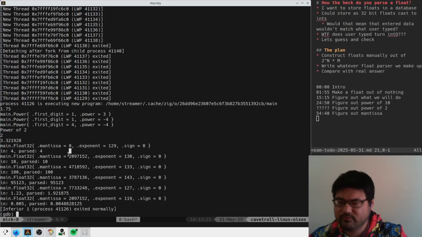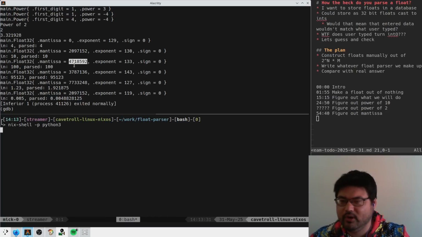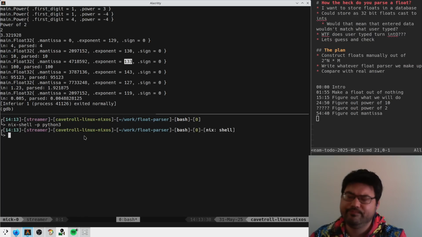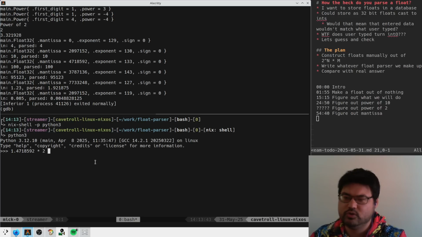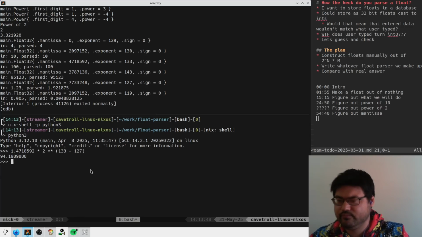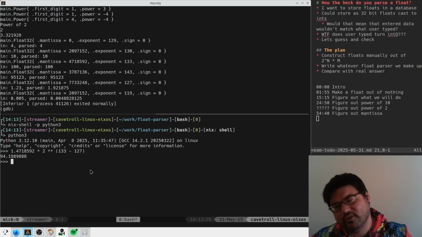Okay, so for like 100, let's make sure that this makes sense. So can we go to Python here? I think this should be 1 point this thing times 2 to the power of this minus 127, right? I think that's what we're trying to show. So it's 1 point this times 2 to the power of 133 minus 127. No? Really? That's not what this is?